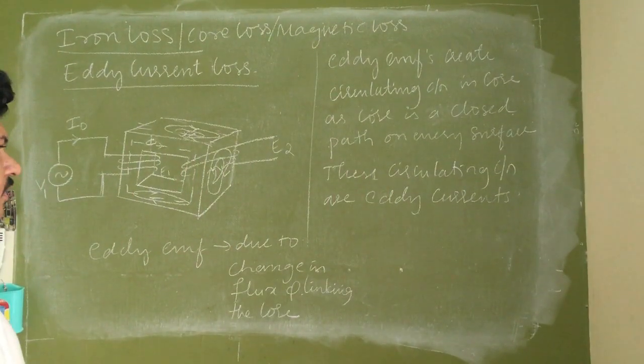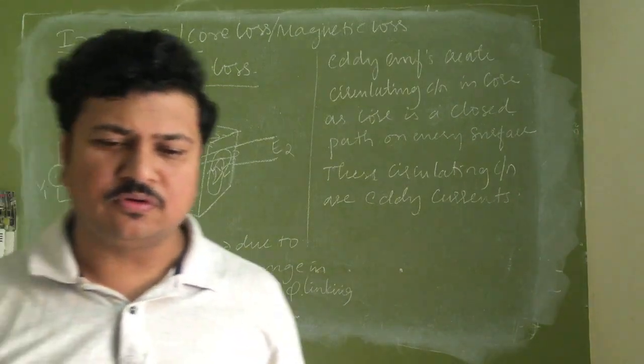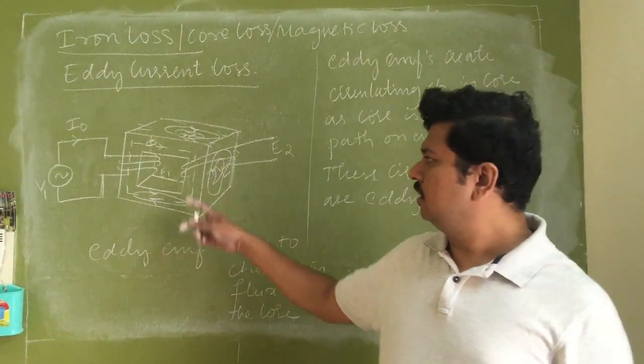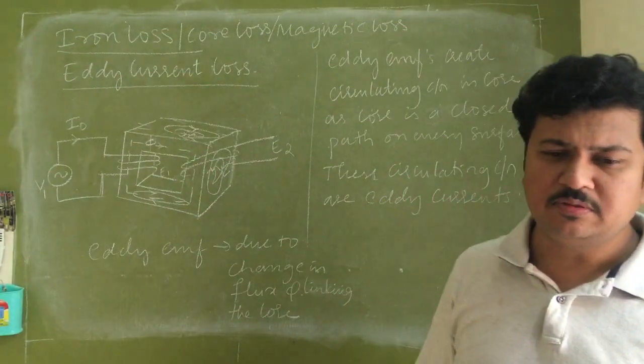Now these currents, what are they doing? They are circulating in the core against the resistance of the core. If the resistance of the core is very high, the eddy current losses in the core are very high. Now how does it matter with my total output?